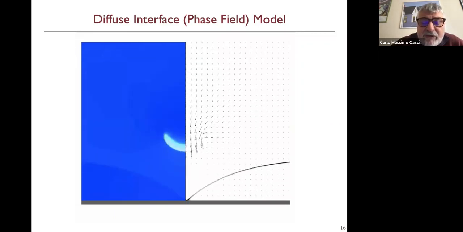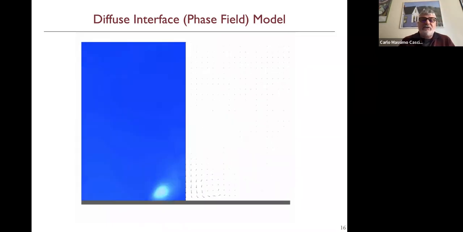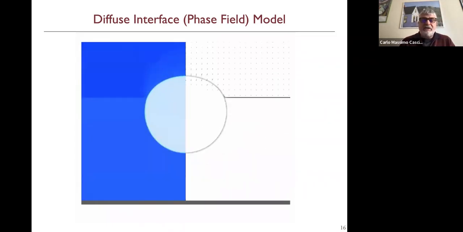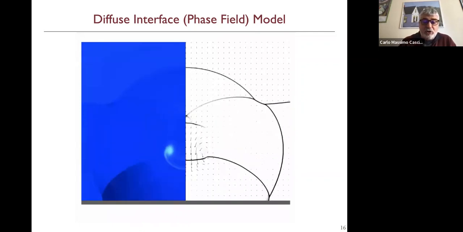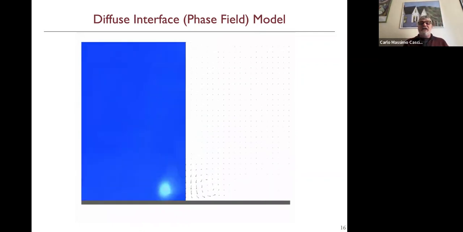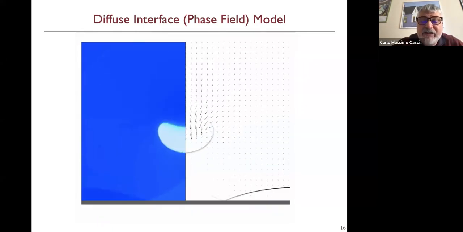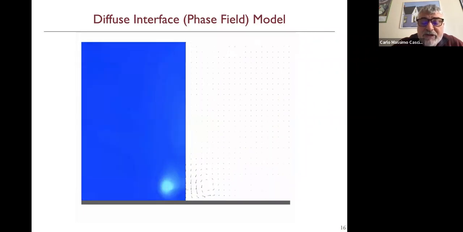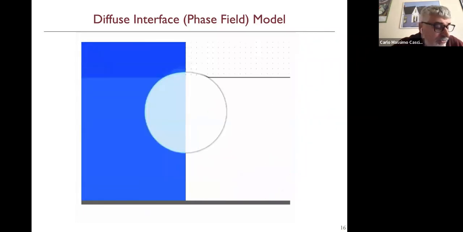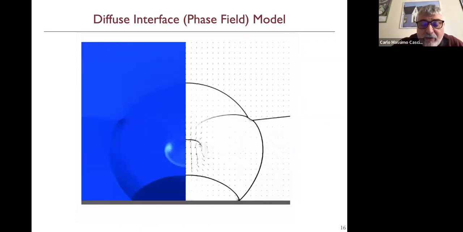In particular, due to the asymmetry of the system, the bubble collapse is asymmetric, and the top part of the bubble collapses faster than the bottom part due to the blockage of the wall. As a consequence, you have a deformation of the bubble and the formation of a strong jet going toward the solid wall, which produces a hole in the bubble, changing its topology from an initially spherical one to a toroidal one.